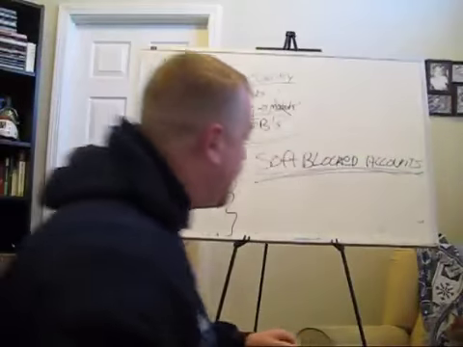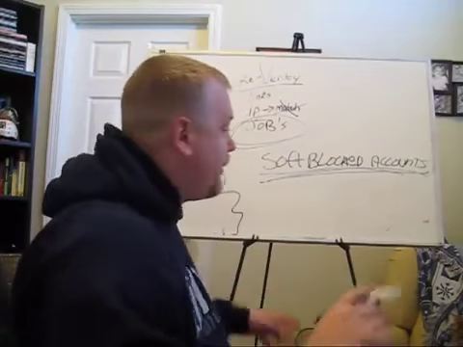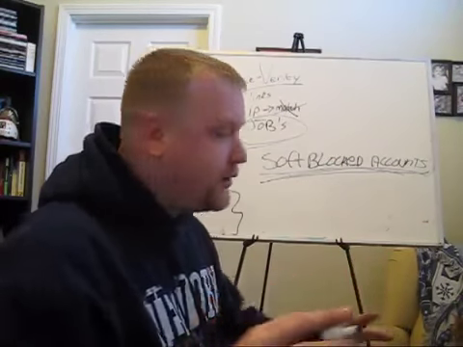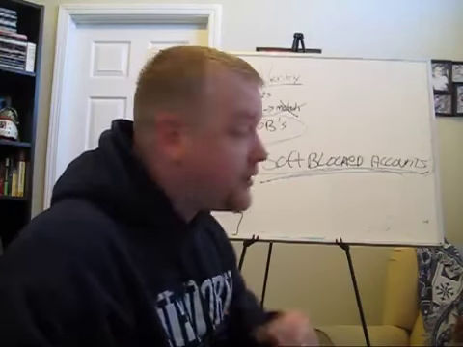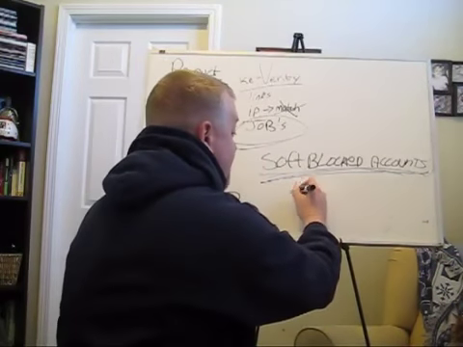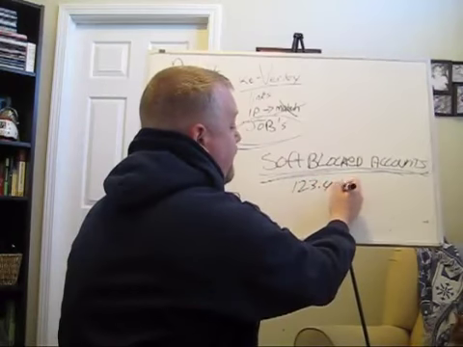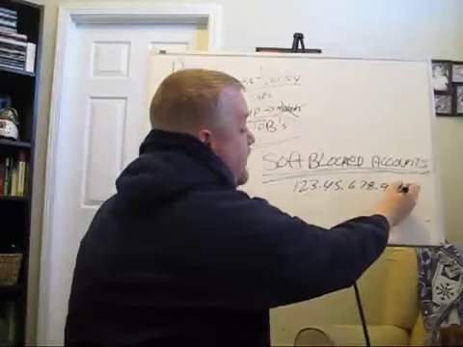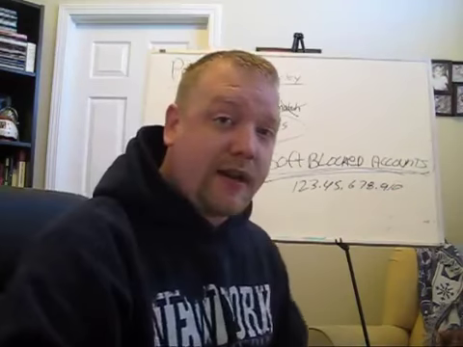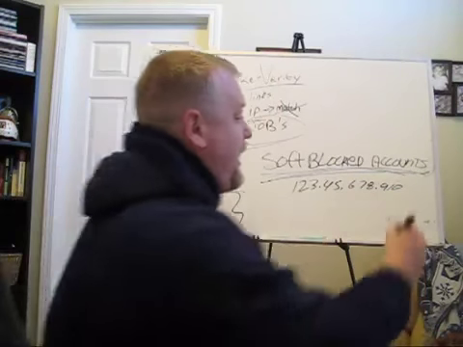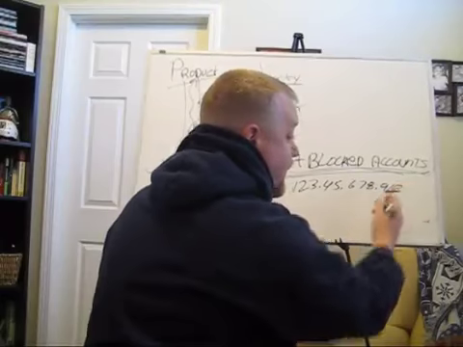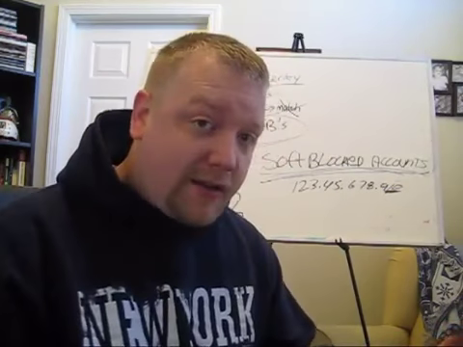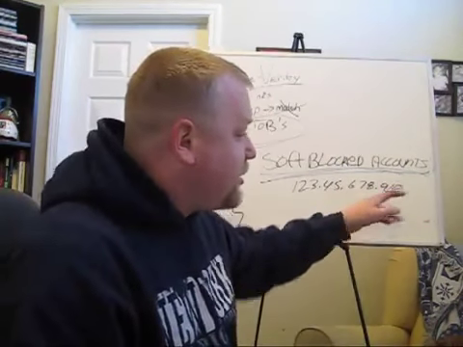Here's a problem. This is just one example, and I'm not going to go into all of the different issues when you try to have accounts that are not soft blocked. Let's say an IP address 123.45.678.910. People learned that if I change my IP address to something different, then my ads start going up again. So people started changing their IP address.